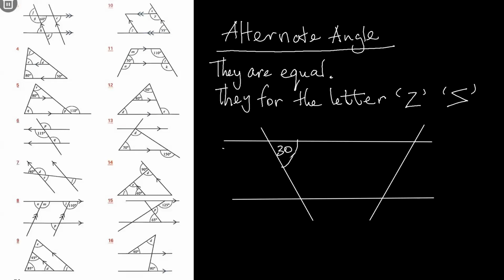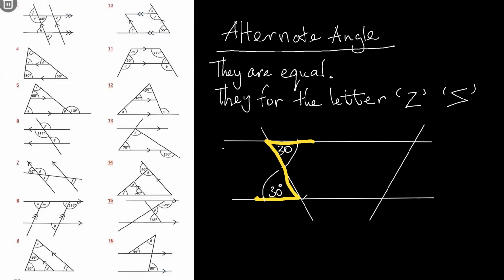If this is 30, now watch my Z. Let me show you my Z. So this is 30 degrees. All right, so this is 30. Everybody seeing the Z?